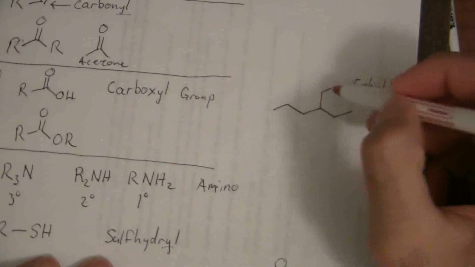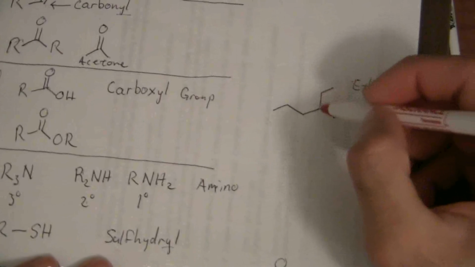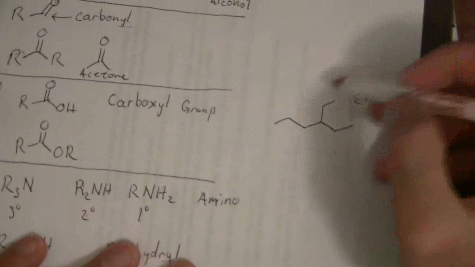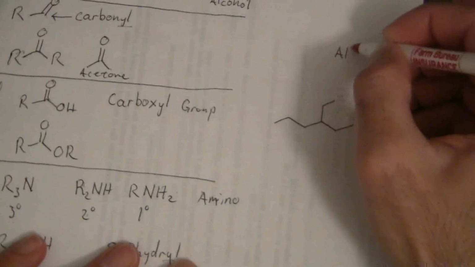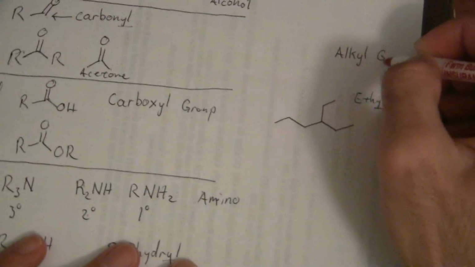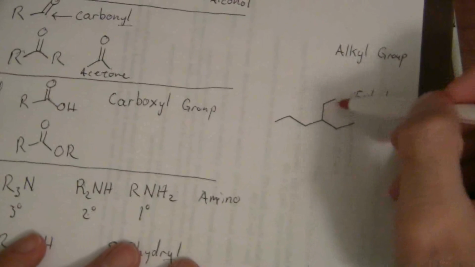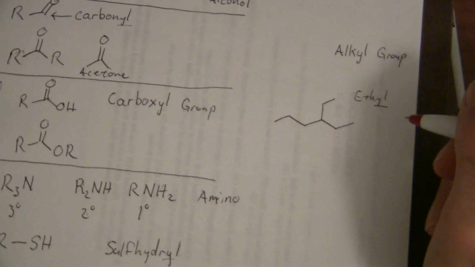Well, in general, any kind of a group that is just a standard alkane, or maybe an alkene or alkyne, which aren't all that much more functional. They're pretty similar to the alkanes. In general, we call these alkyl groups. Okay, so an alkyl, like alkane, alkene, alkyne, an alkyl group is just any group that is just a hydrocarbon and no other real functionality.